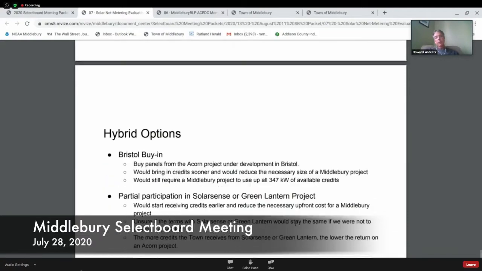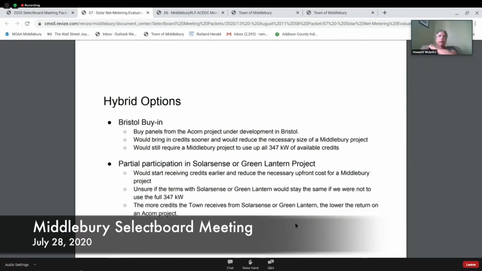Just to point out the fact that there are other options, and that would be a mix of the projects. We could buy into the Bristol array and have a smaller array to get the rest of the 347 from Middlebury. We could sign a contract for a certain portion from SolarSense or Green Lantern, with the rest being an array that we do through Acorn.